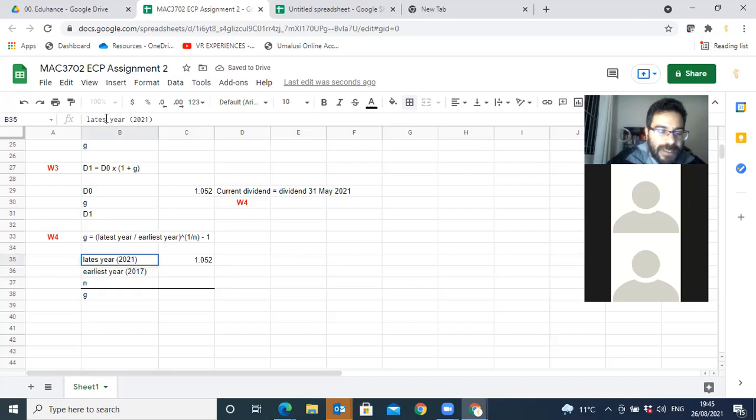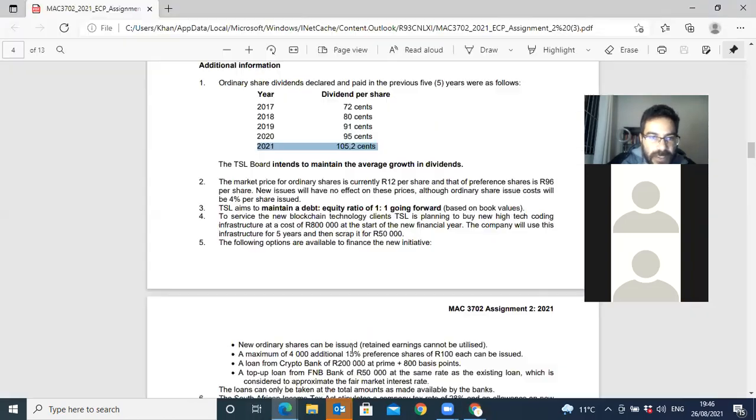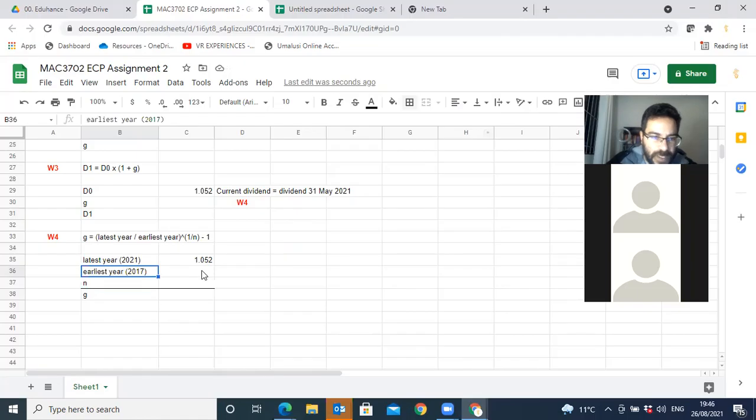The dividend in the earliest year, 2017, was given as 72 cents, so 0.72, or 72 divided by 100.